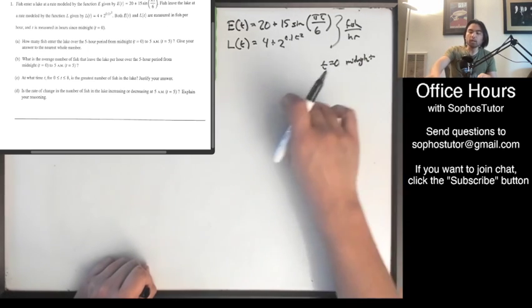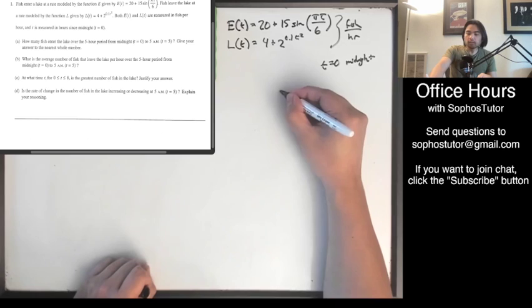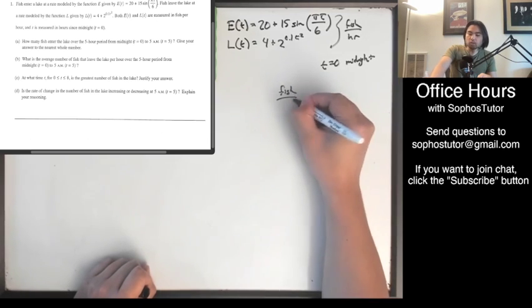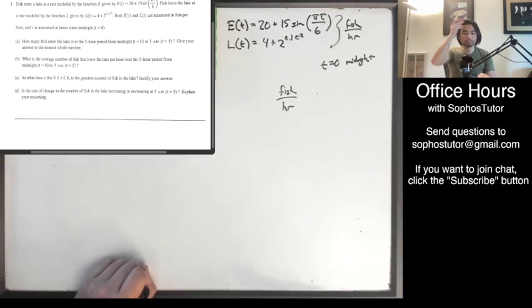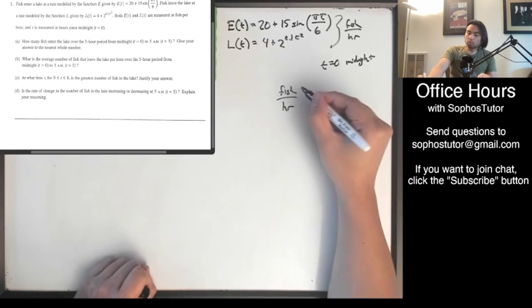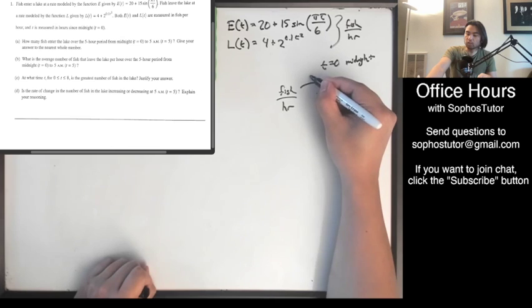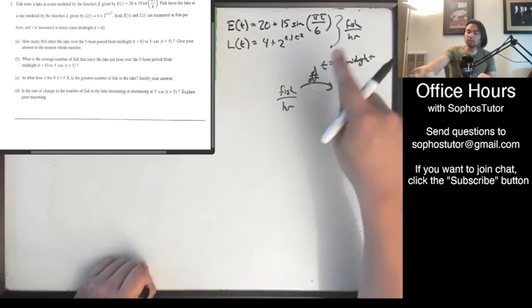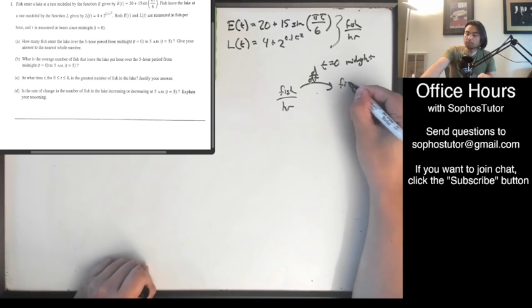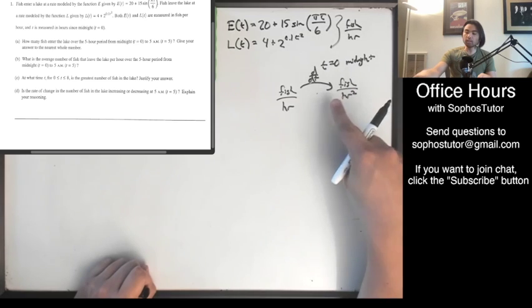So before we go on to A, B, C, and D, let's talk about what this unit fish per hour tells us. When we take a derivative of a function with these units, the unit of the derivative of the function will be in fish per hour squared. Notice that we're going to multiply an extra hour unit in the denominator.